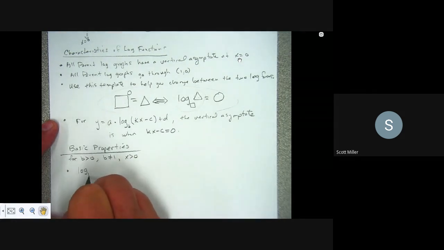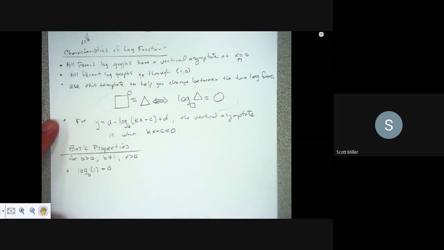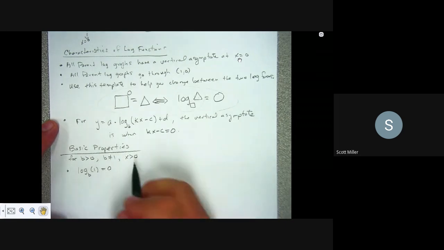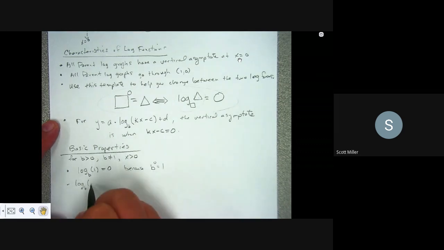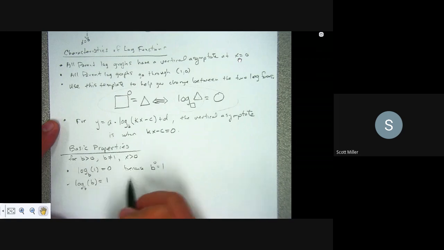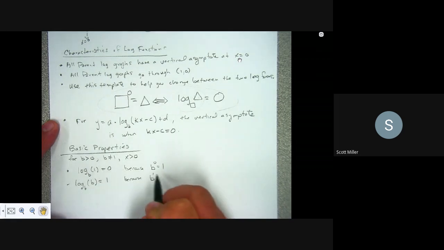The log base b of 1 equals 0 because b to the 0 equals 1. The log base b of b is 1 because b to the 1 is b.